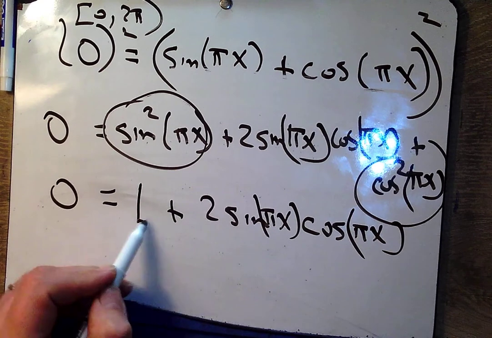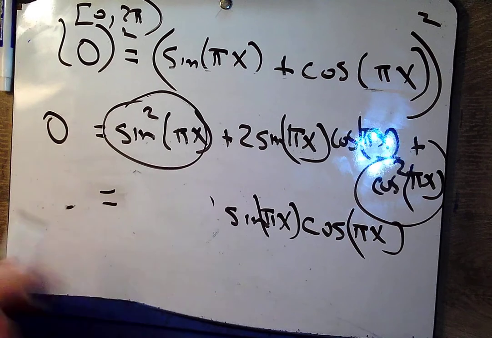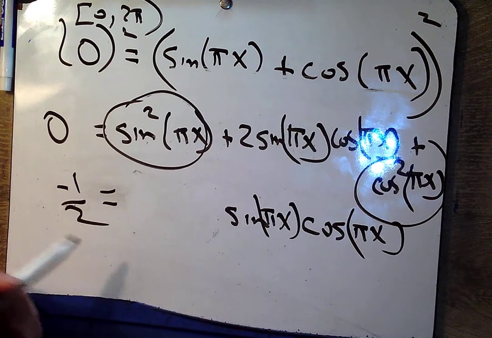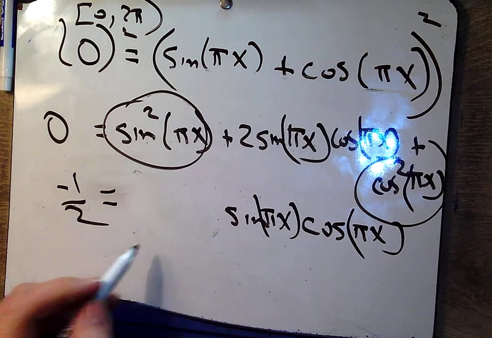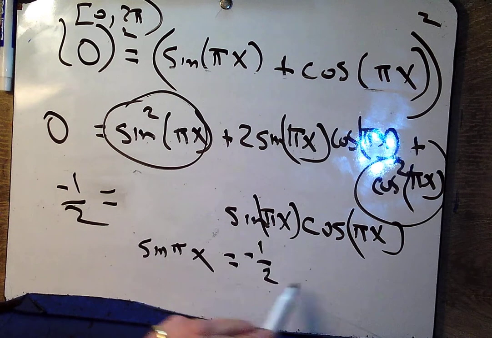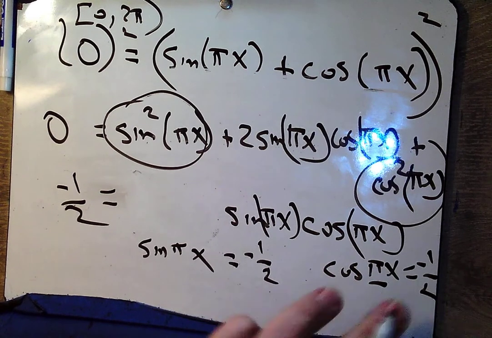And so I'm going to subtract 1 and divide by 2. And so I'm now going to have negative 1/2 is this. So sine pi x equals negative 1/2 and cosine pi x equals negative 1/2.